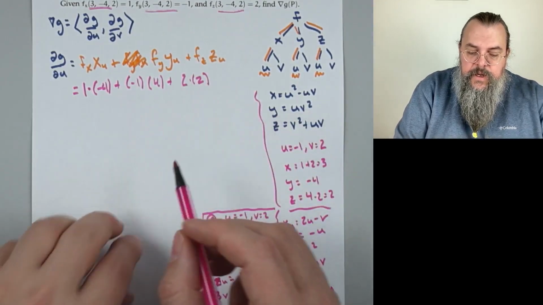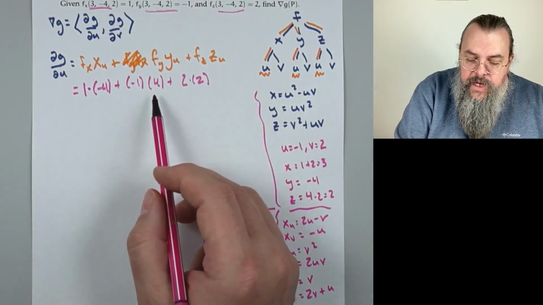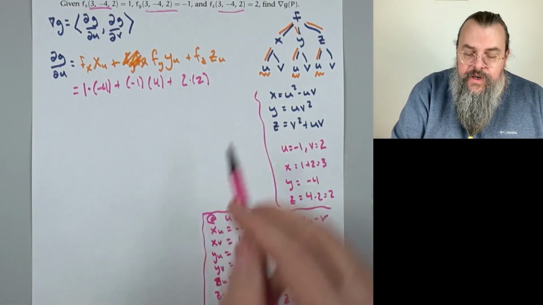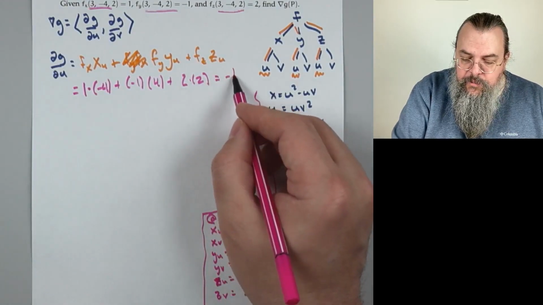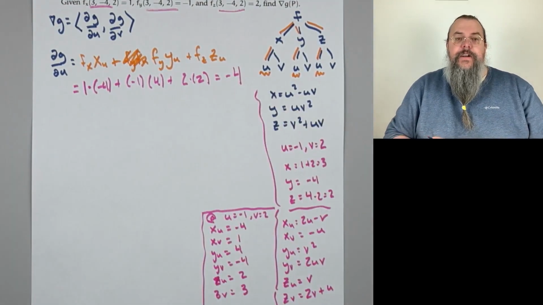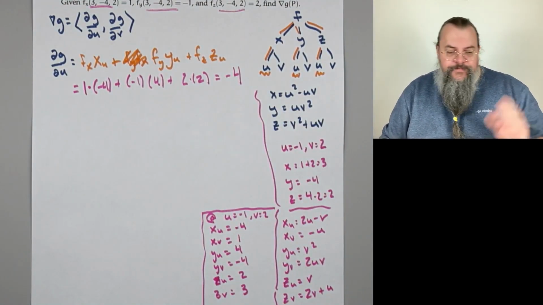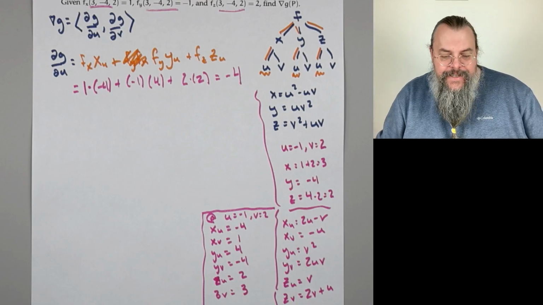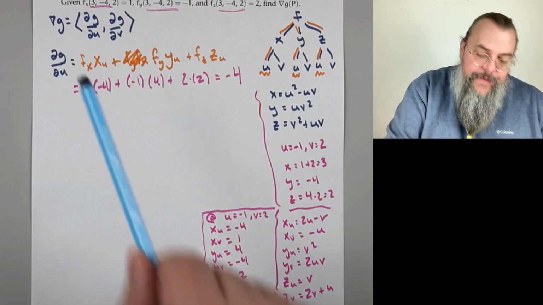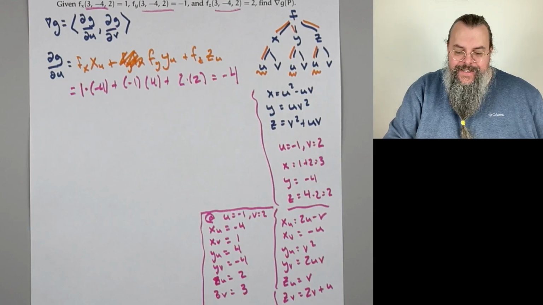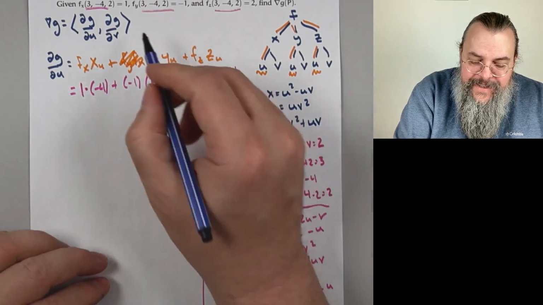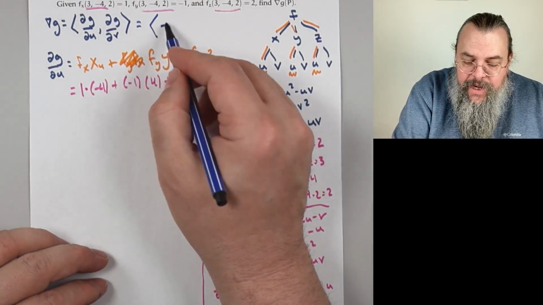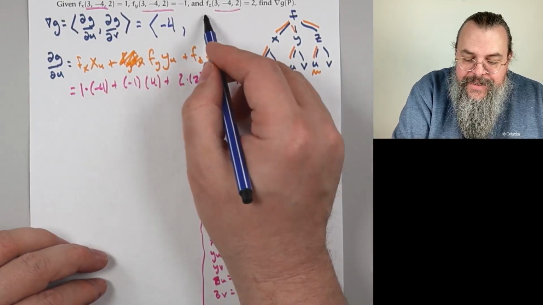So we get minus 4 plus 4 altogether is minus 4. Okay, that is that entry. So we have that this is equal to minus 4, comma.